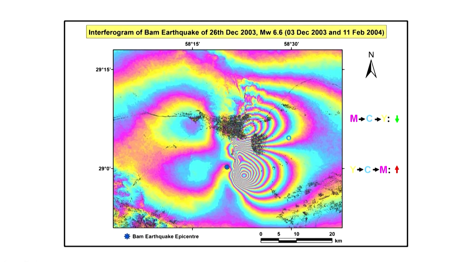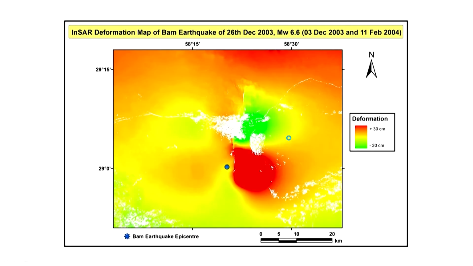Now, when we analyze the ENVISAT data of the 26 December 2003 earthquake, this is the interferogram and this is the ground deformation map. Very ideal data was available, and as you can see, there was a rise in some areas: the lower part, the red part, has shown 30 centimeter up, and the green part has shown minus 20 centimeter down.